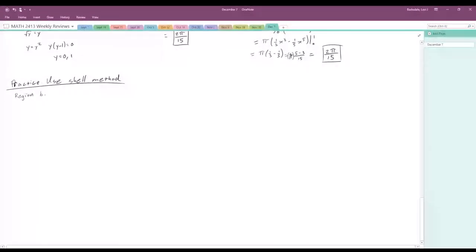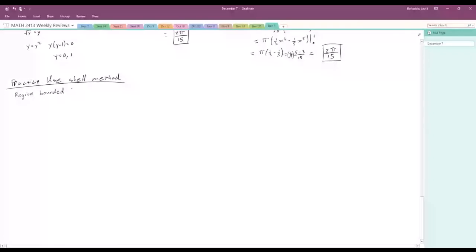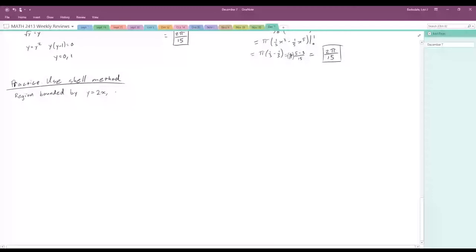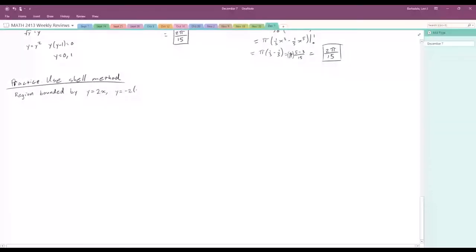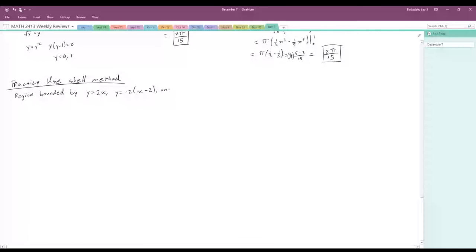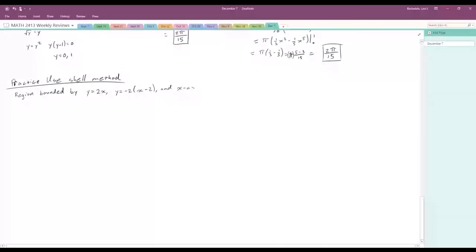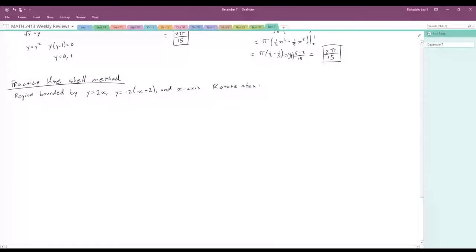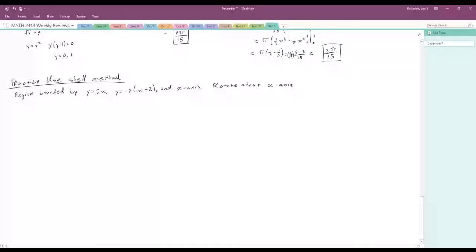The region is going to be bounded by y equals 2x, y equals -2 times x minus 2, and the x-axis. I want to rotate it about the x-axis. And I will give you guys a few minutes to work through that.